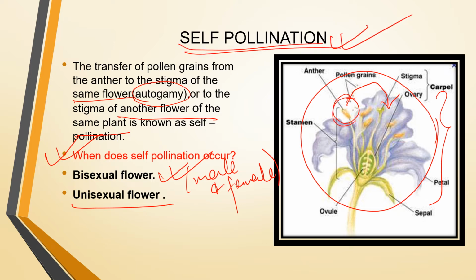The pollen grains from the anther are shifted to the stigma of the same flower or to another flower of the same plant. Now let us see what is there in the next slide.